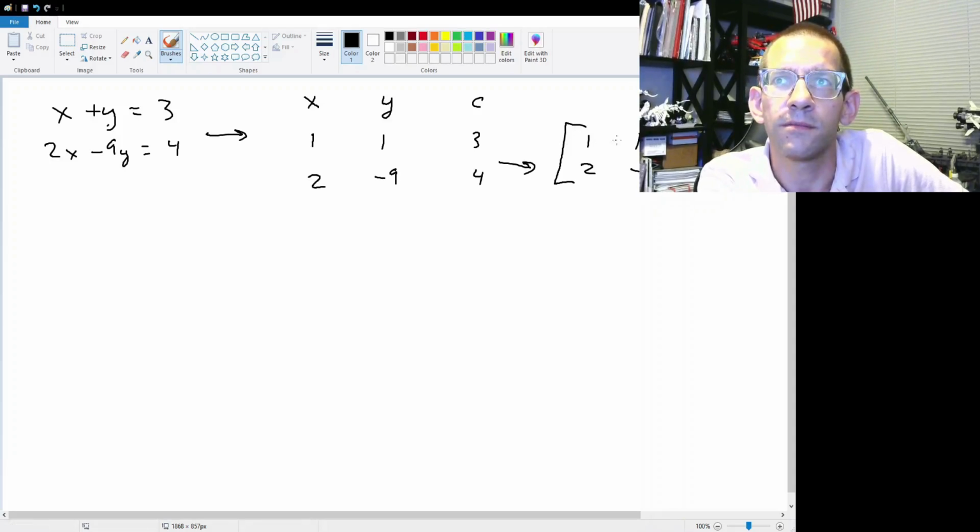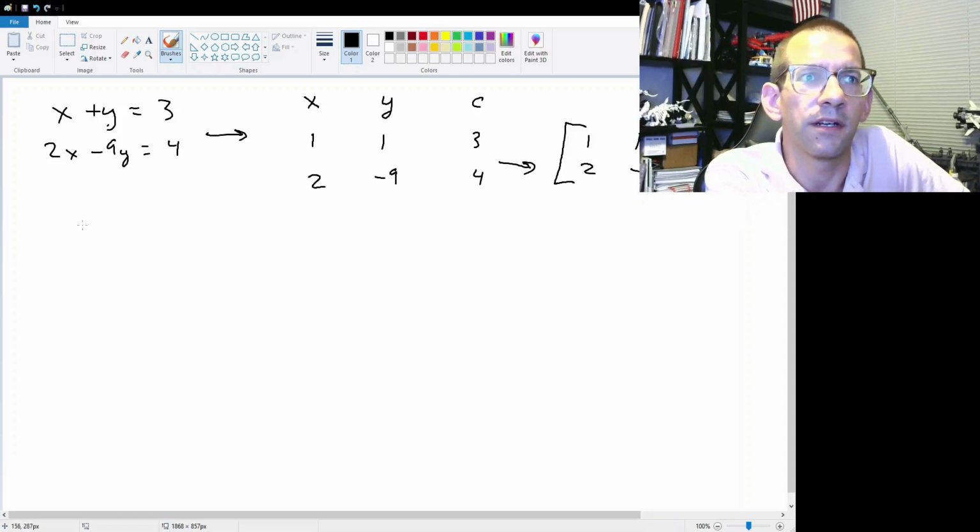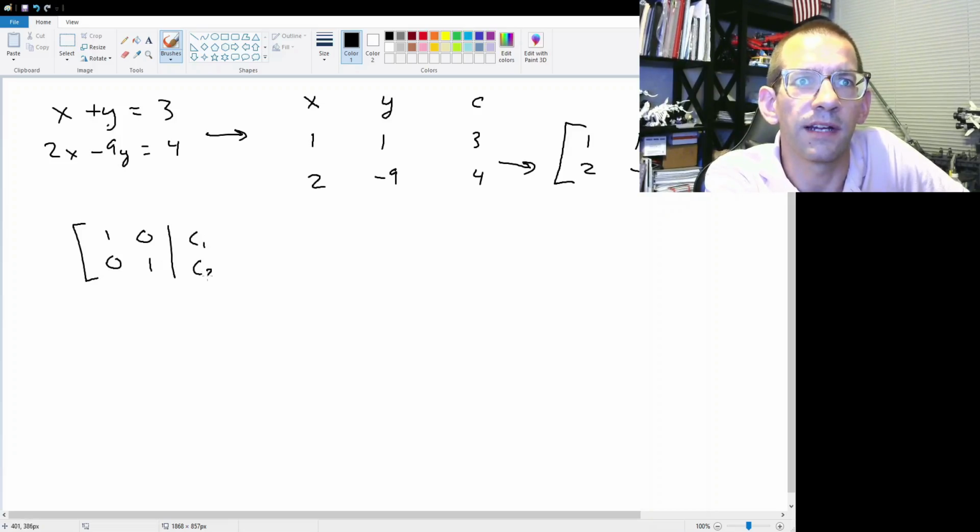What you want to do is you take your original matrix for your system of equations, your variables, and what's multiplying them, and then you want to turn it into this: 1, 0, 0, 1, and then your first constant, your second constant. Why does this matter?